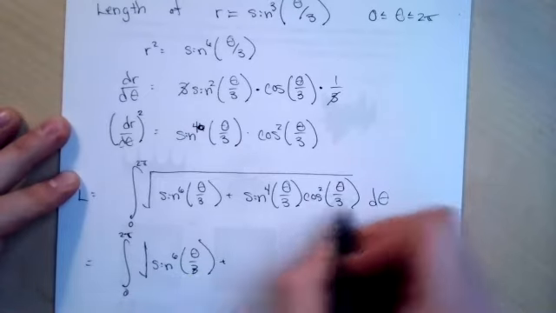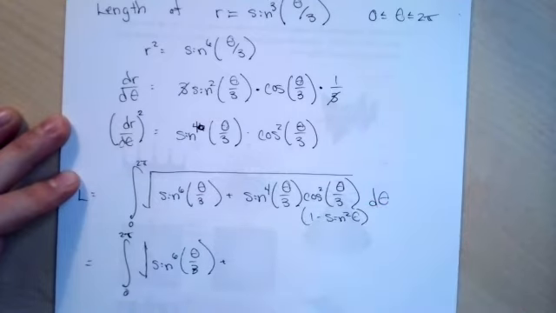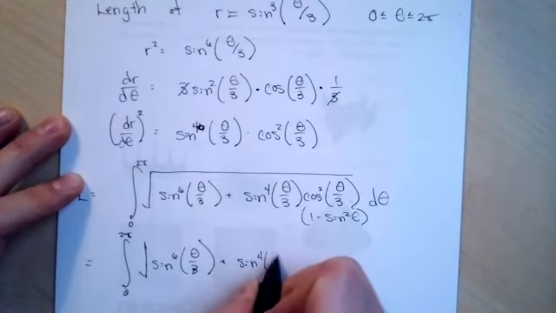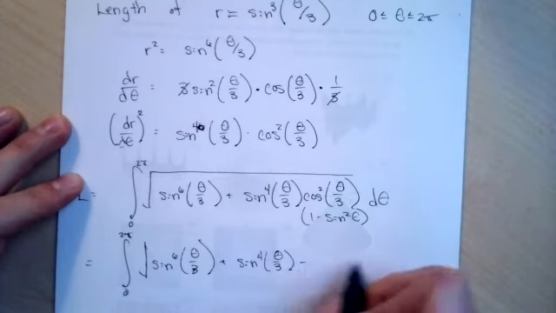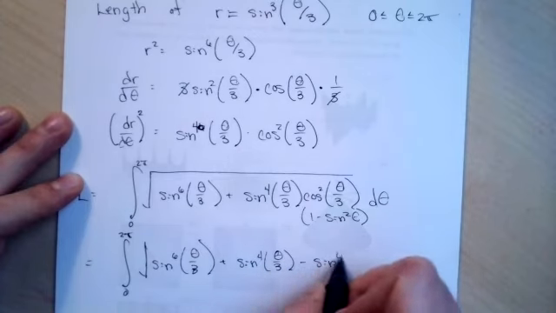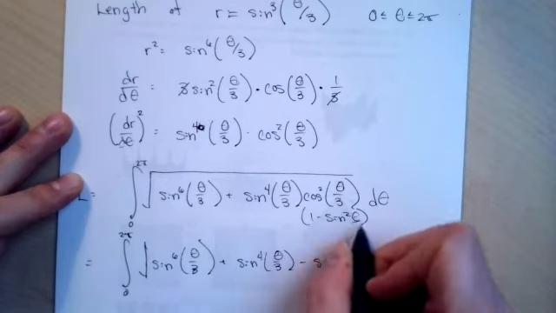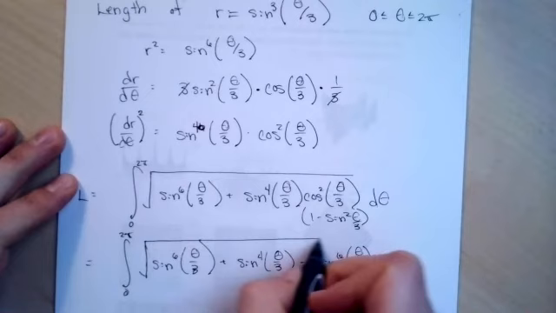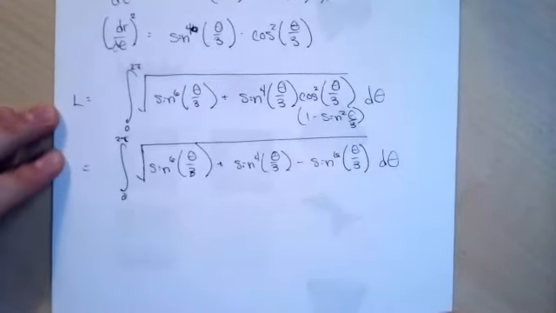So here we will have 1 minus sine squared. So that'll give us a sine to the 4th theta over 3 minus the sine to the 6th. I guess technically that's a theta over 3 too there, d theta.